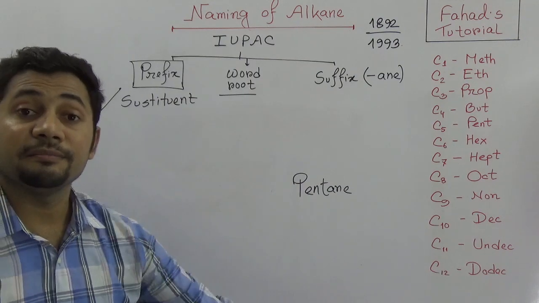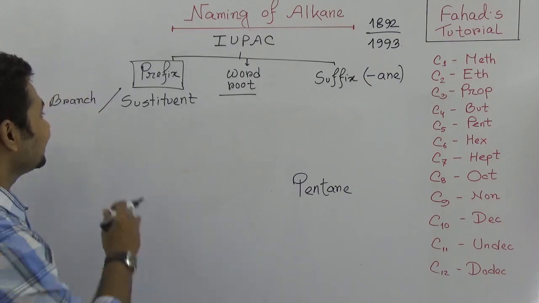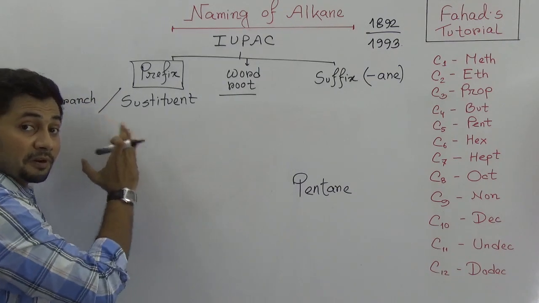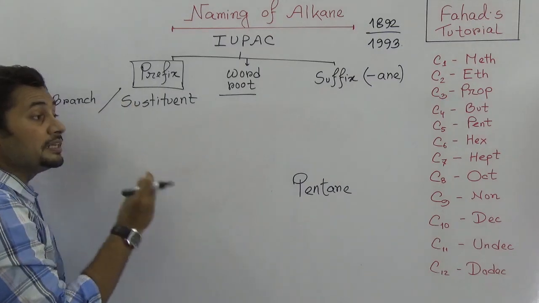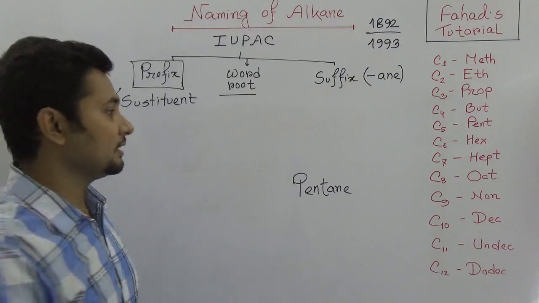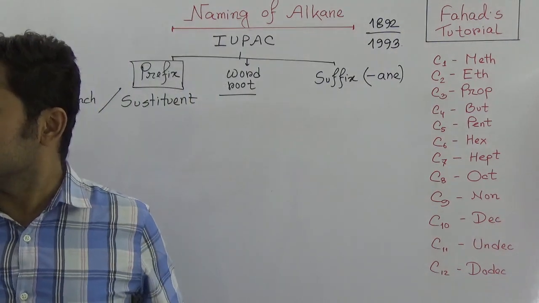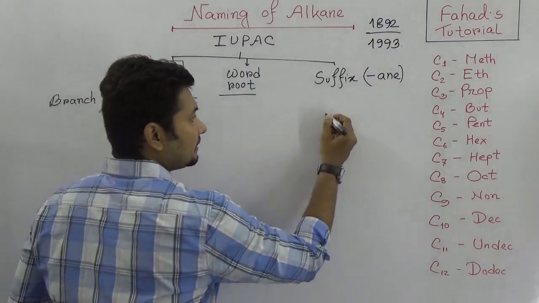So now the interesting part is coming on: when we consider branch or substituent, we need to think about alkyl group. What is alkyl group?